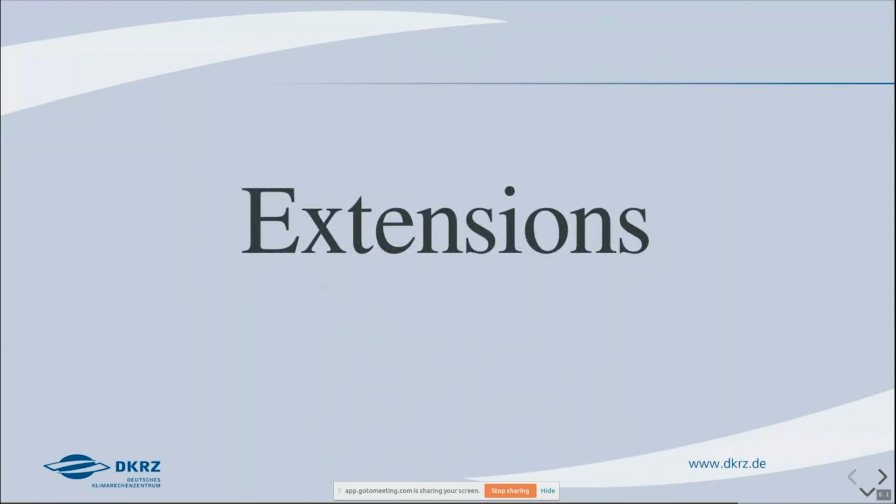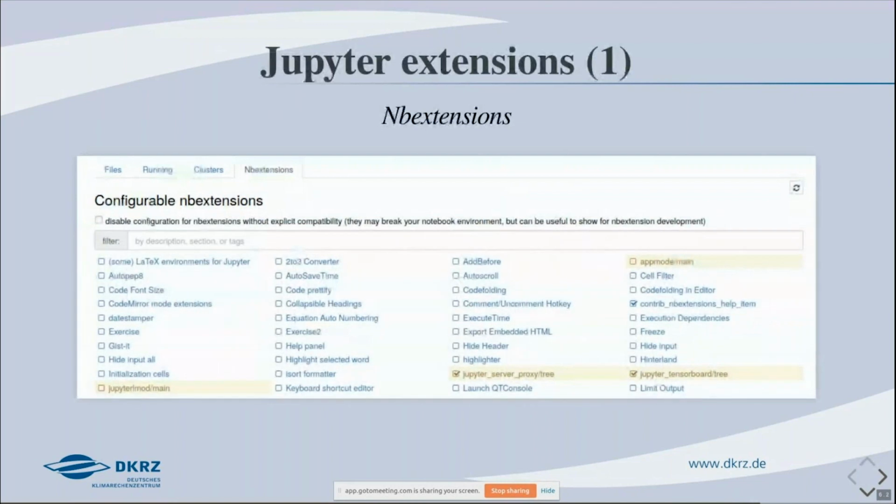So the last point is the Jupyter Notebook extensions. Extensions are a kind of add-ons to extend the basic environment or the design of a Jupyter Notebook. For this release, we included the extensions configurator in the root environment.